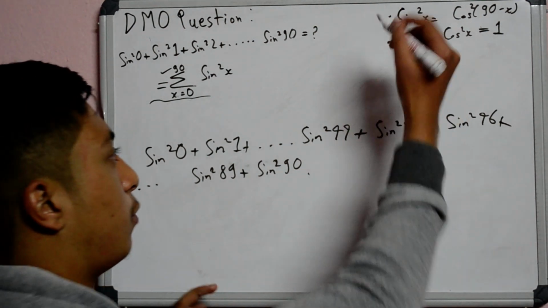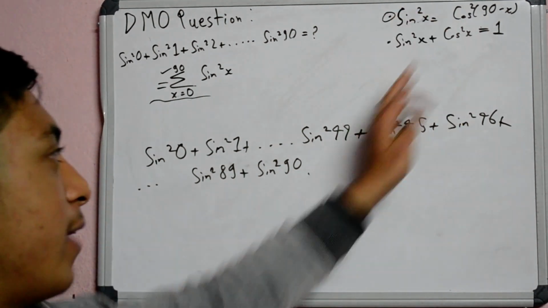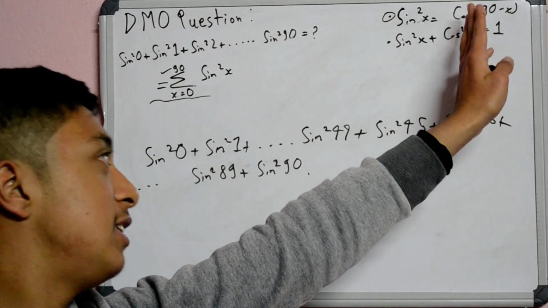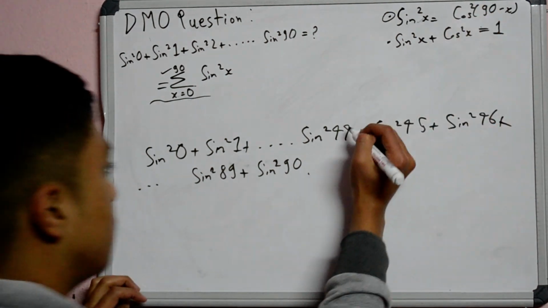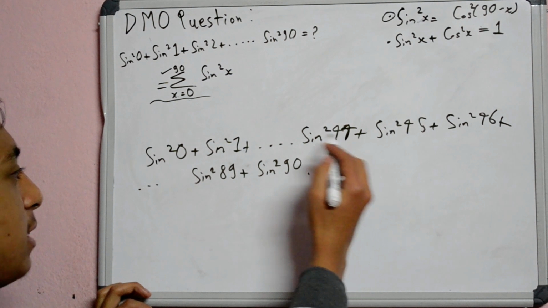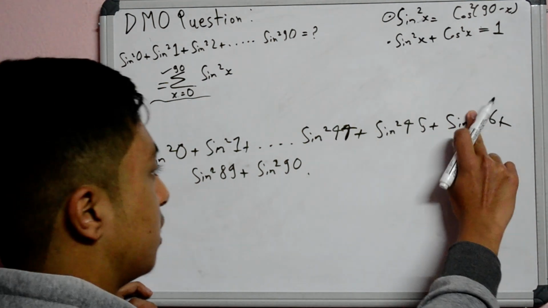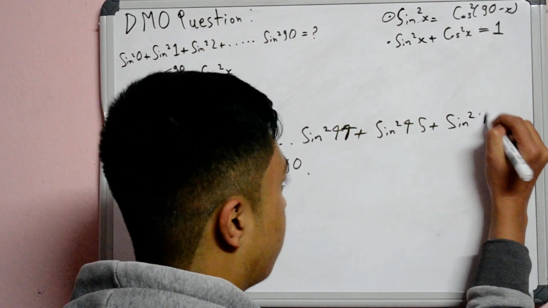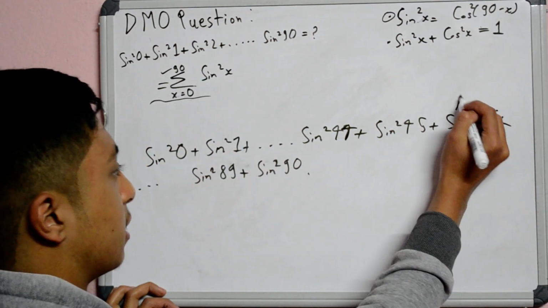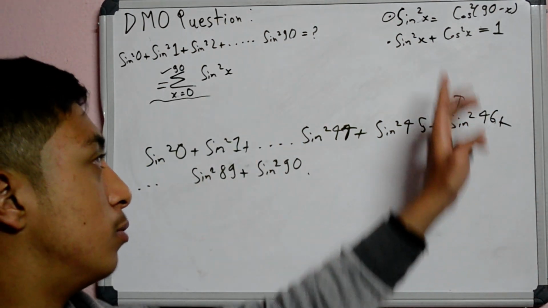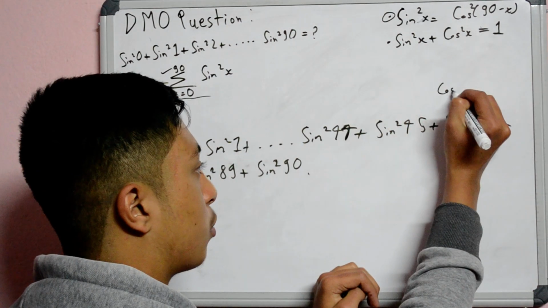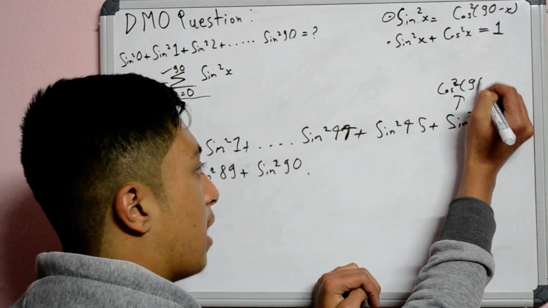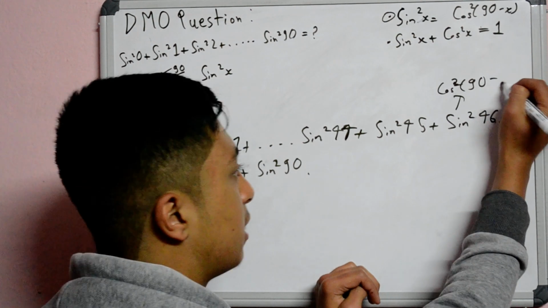Now we have to use this first property right here. Sine square x is cos square of 90 minus x. So let's look at sine square 44 and sine square 46. I'll write it better. So sine square 46, if I wanted to write it in terms of cos, this will be cos square of 90 minus x, which is our 46.